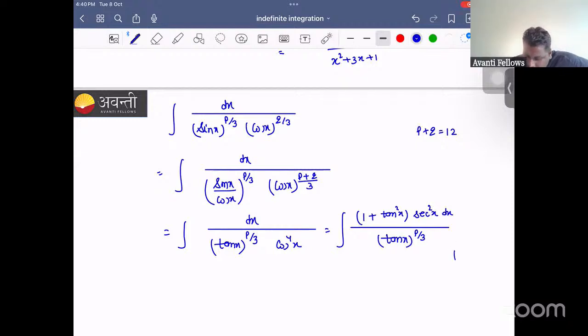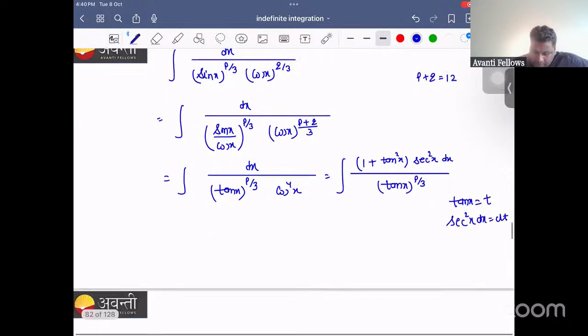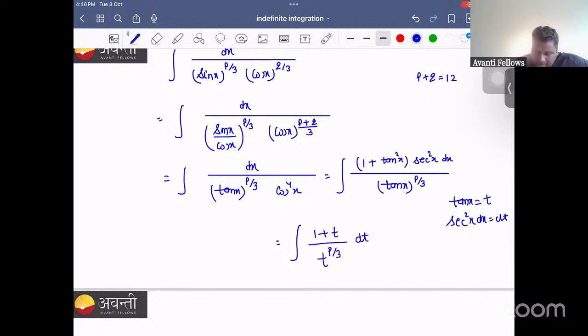Now let us take tan x as t. Then sec square x dx will be dt. So this is integration of 1 plus t square upon t to the power p by 3 dt.